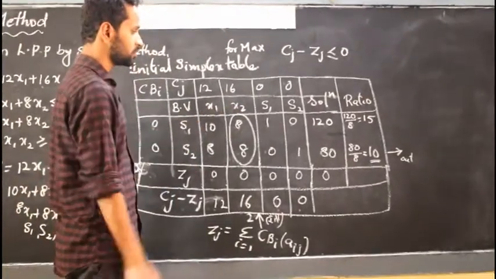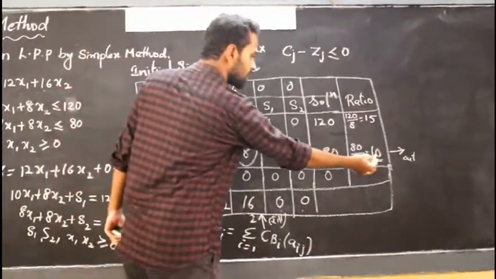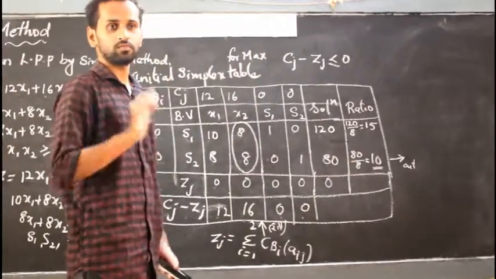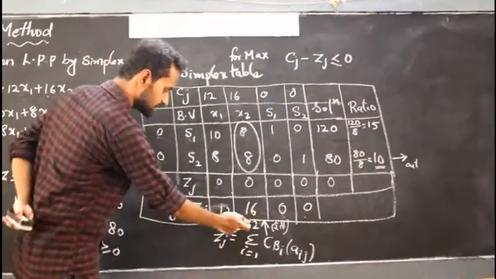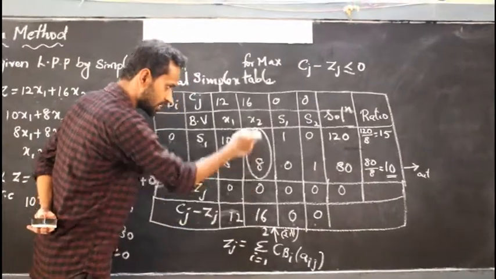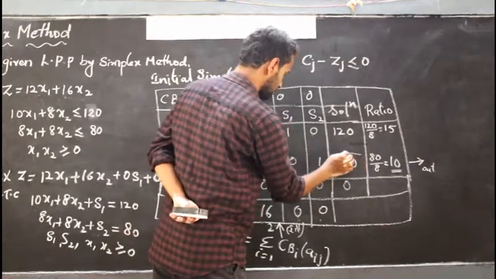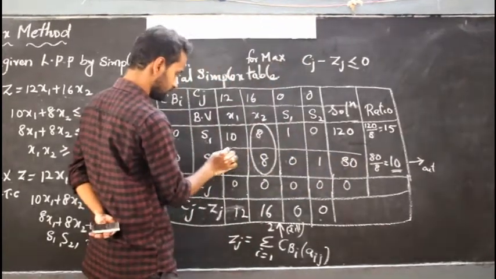Okay, and also we should mention that where we have the least ratio, that row becomes my key row. You get it? So the largest Cj minus Zj value becomes the key column, and the smallest ratio becomes the key row. So I mark it as a key row.